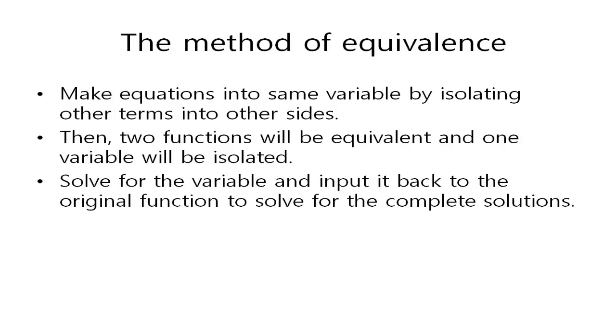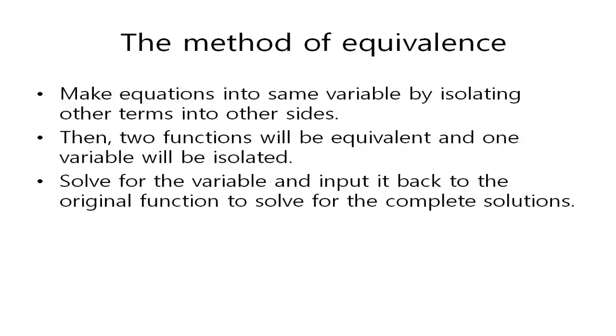Secondly, then the two functions will be equivalent, and one variable will be isolated in another. Then solve for the variable and input it back into the original function to solve for the complete solutions. And here's the way to apply the simultaneous equation in the method of equivalence.